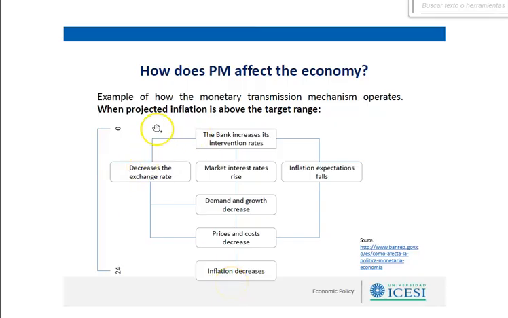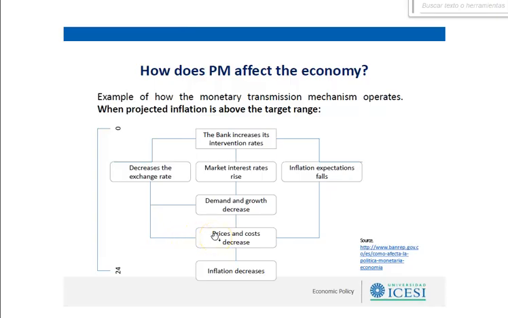The second mechanism is more direct. Again, if the intervention rates increase, and there is a revaluation of the exchange rate, then there is a direct effect on prices. Why? Because imports are cheaper.